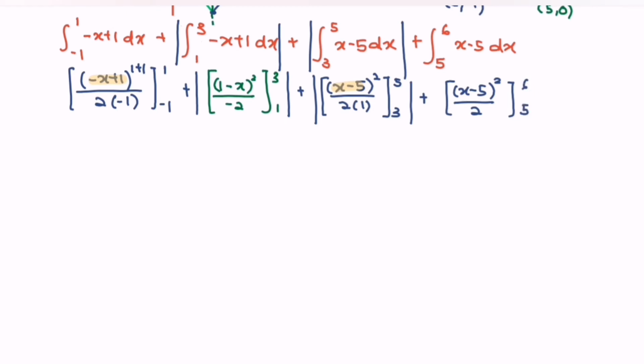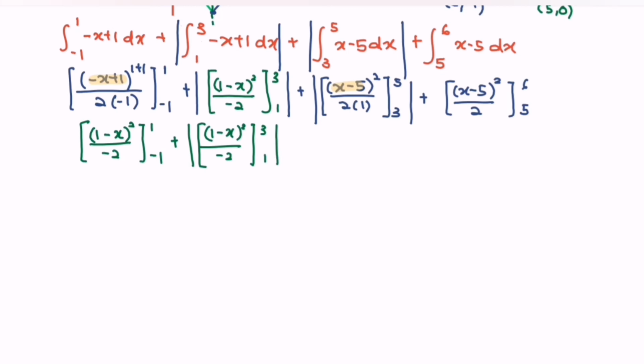Kindly simplify the situation. So we will have 1 minus x to the power of 2 over negative 2 for the limit 1, negative 1, plus modulus 1 minus x to the power of 2 over negative 2 for the limit 3, 1 and the modulus, plus we have x minus 5 to the power of 2 over 2 for the limit 5, 3.